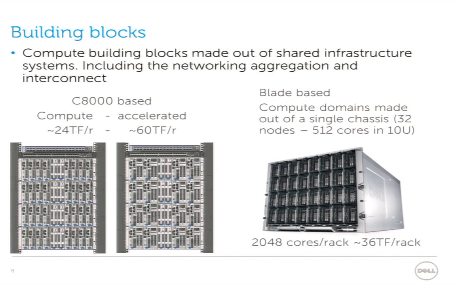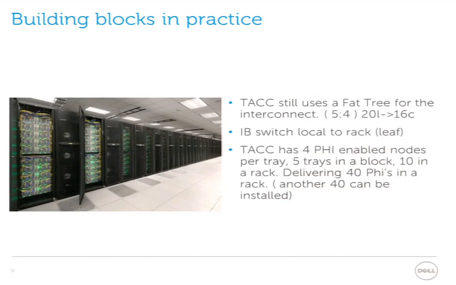Looking at the accelerated, we're looking at 60 teraflops a rack. This is good for petaflop scale, but for exaflop, it'll need something more. Building blocks in practice: TACC uses this kind of theoretical design of building blocks.